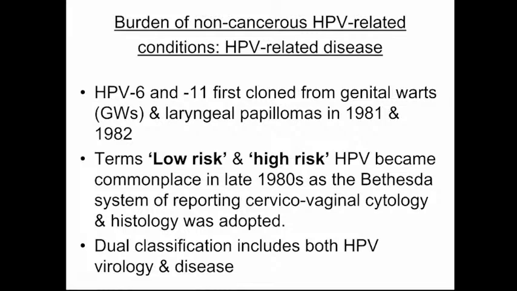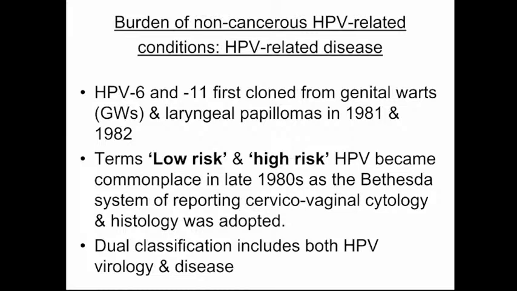The reason being that they were more likely to be associated with low-grade dysplasia and non-progressive lesions. Whereas the high-risk types, type 16 and 18, 35, 33, 31, 45, and so on, were more likely to be found in premalignant and malignant lesions.